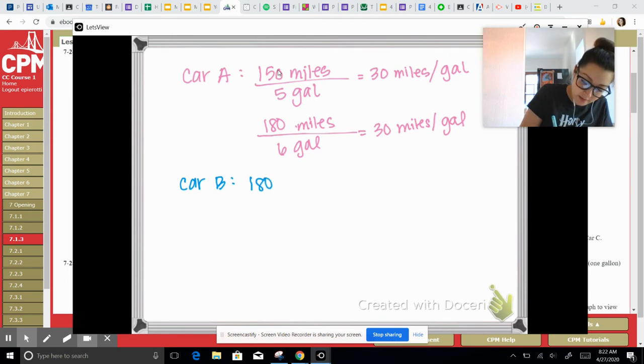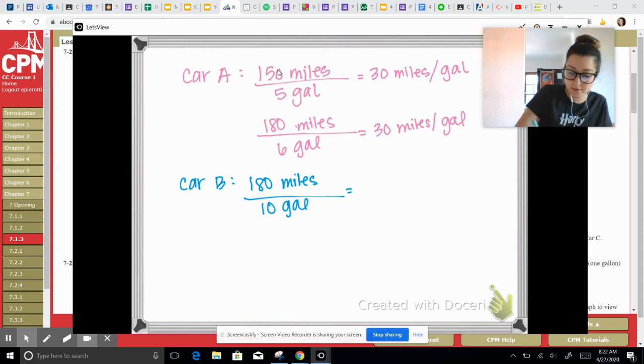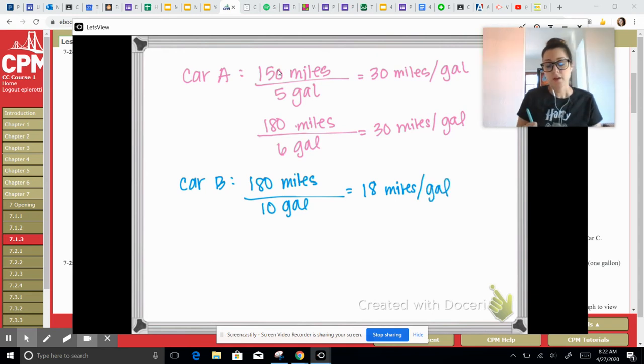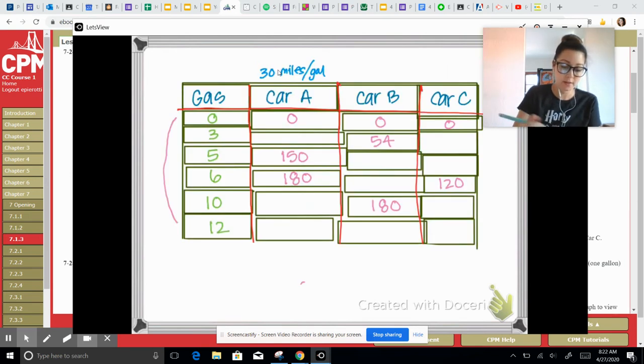So 180 miles in 10 gallons, and if we divide those, we get 18 miles per gallon, which if you divide the other one too, that'll also give you 18. Cool, so now that we have the unit rates, we can go back and fill in our table.